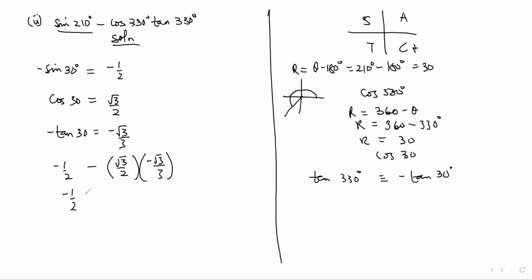Negative times negative is positive, and root 3 times root 3 is 3. 2 times 3 gives me 6. So minus half plus 3 over 6, which is minus 1 over 2 plus positive half, is 0. So the answer is 0. Okay, let's move on.